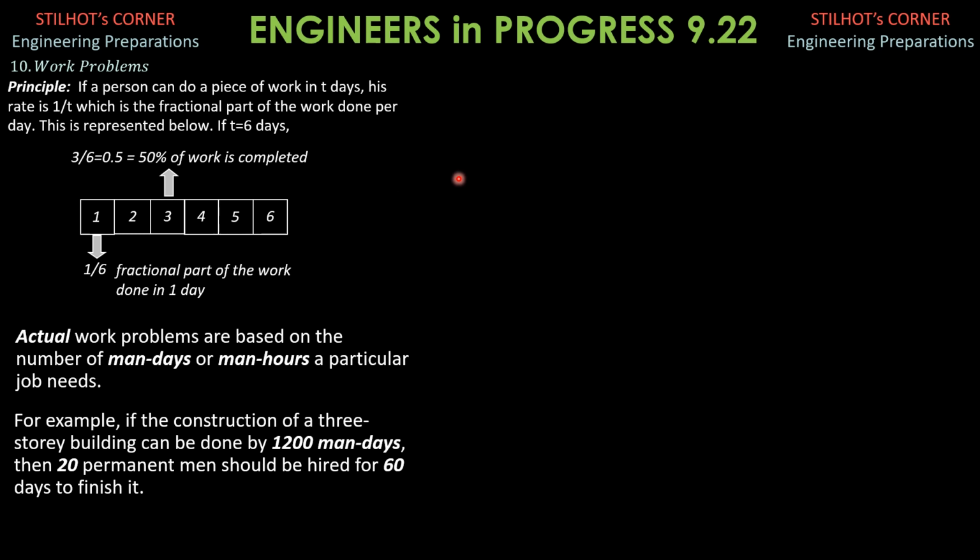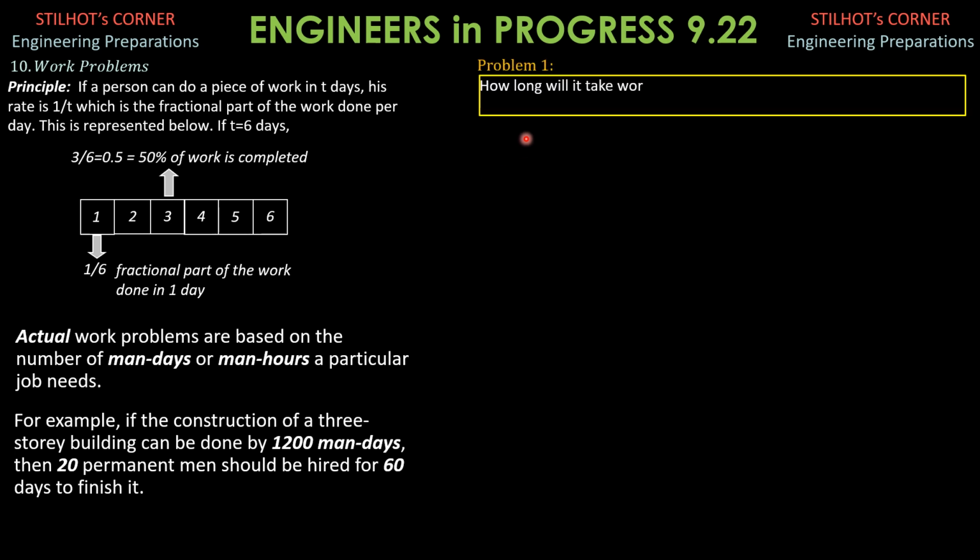So the rate is constant. So here is the first problem. By the way, if you want to anticipate the solution to the problems here, you may do so by pausing the video, especially those who have already ideas on how to solve problems on work.